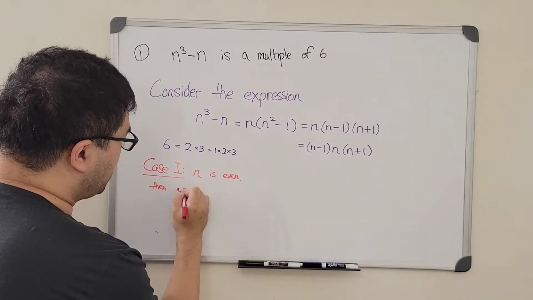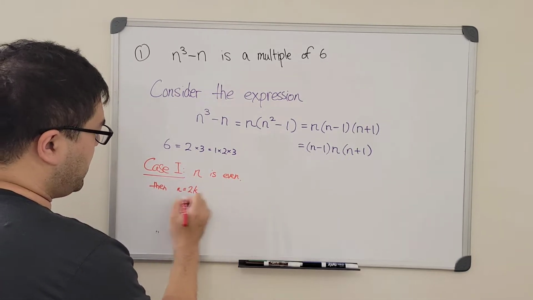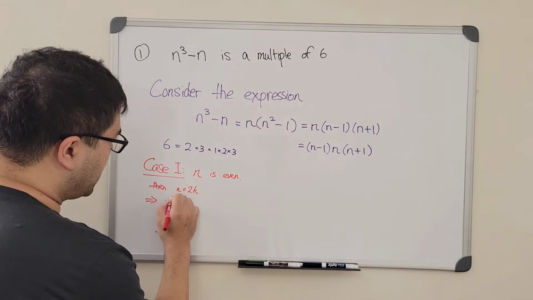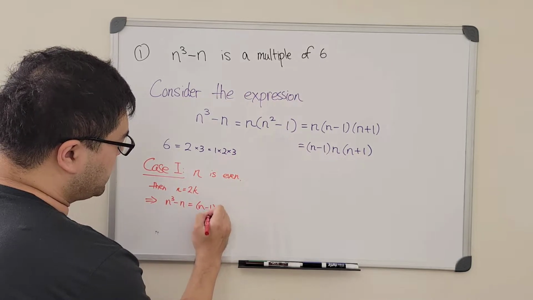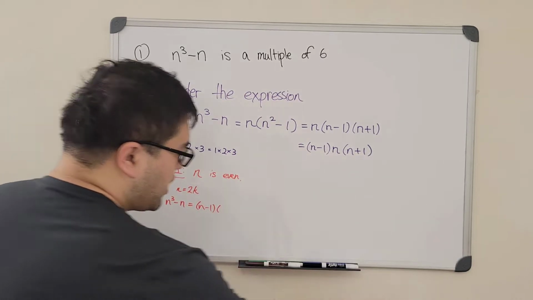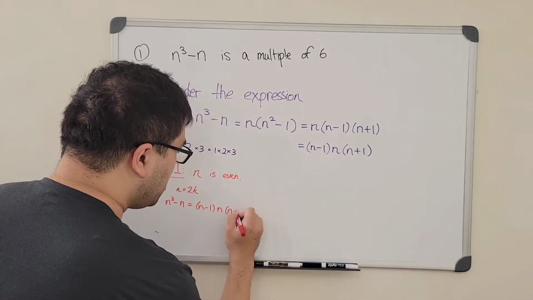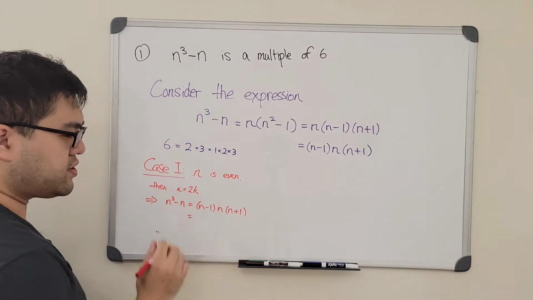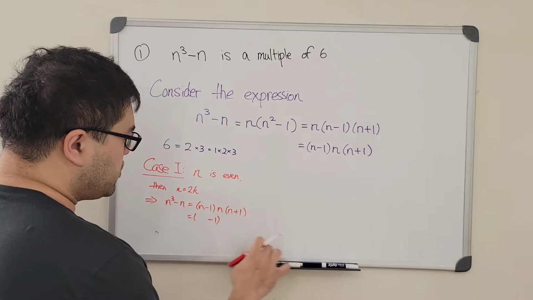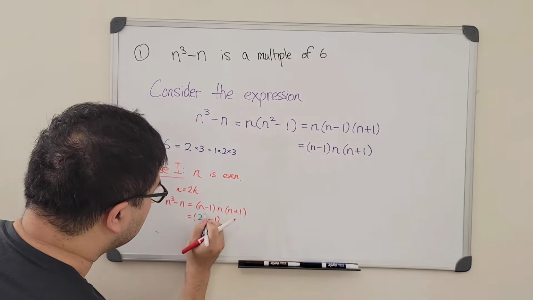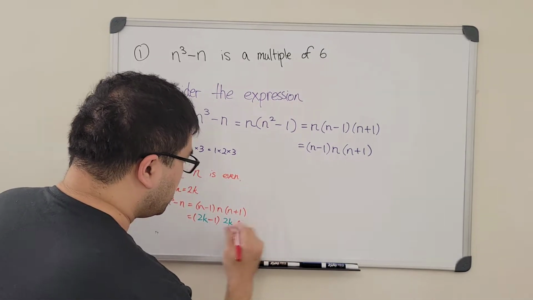Because now we can rewrite n as 2 times some integer k, implying the expression n cubed minus n, which is the same as n minus 1 times n times n plus 1, is the same as, substituting, 2k minus 1 times 2k times 2k plus 1.